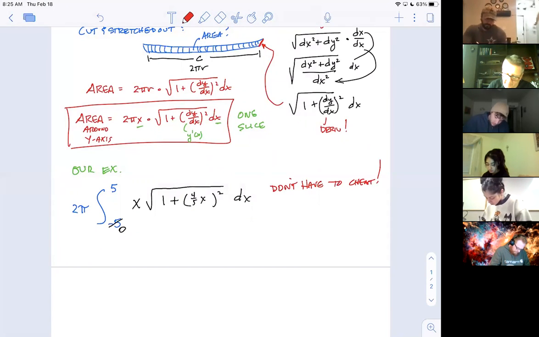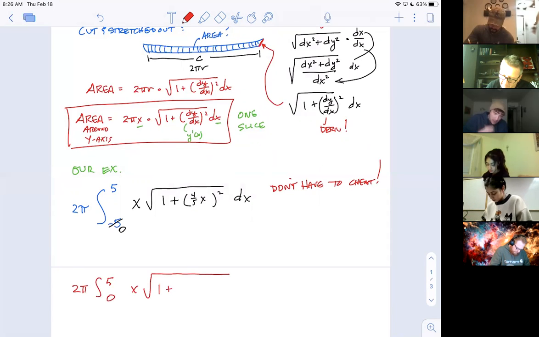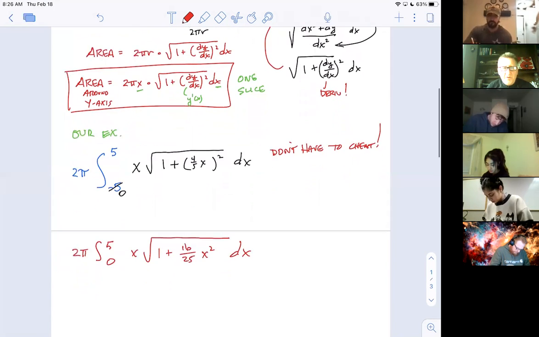So let's keep going. Let's see, 2 pi, that comes along for the ride. I haven't taken the integral yet. The only reason I'm rewriting this is because I actually want to square what's inside there. 4/5 x squared, that'd be 16/25 x squared. So the substitution we're always looking for is to simplify things.